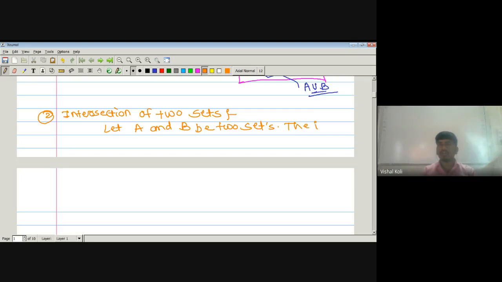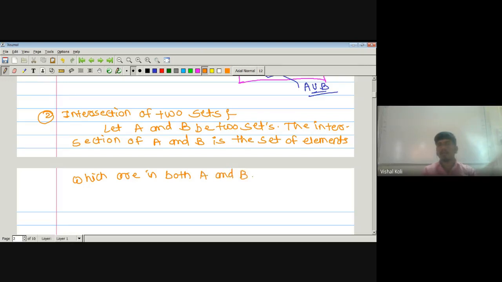The intersection of A and B is the set of elements which are in both A and B. We denote the intersection of A and B by this symbol, A intersection B.